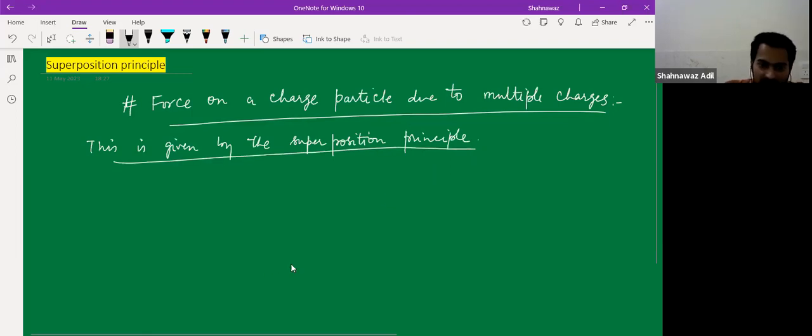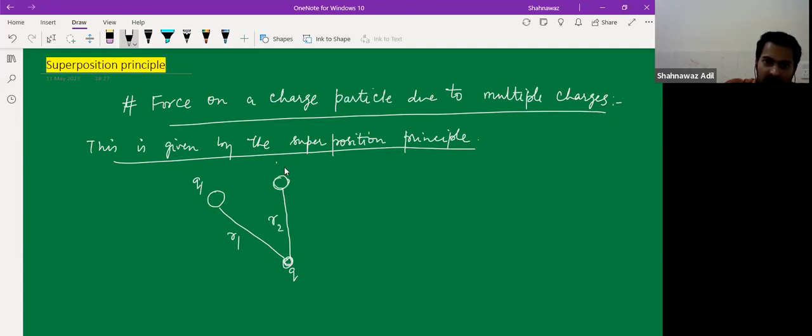Let's say this is the charge Q, and this is the separation R1, and this is Q1 charge. And let's say you have another charge, and the separation is R2, and this is Q2.